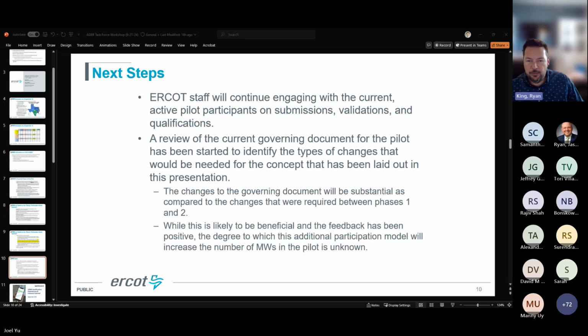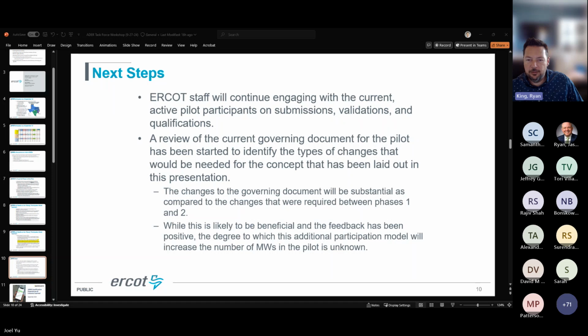Just another subset here is that we likely see a lot of benefit here. Based on some initial discussion, this may be a very positive way to enable additional participation. But as always, that's a function of who is available to provide this and when.